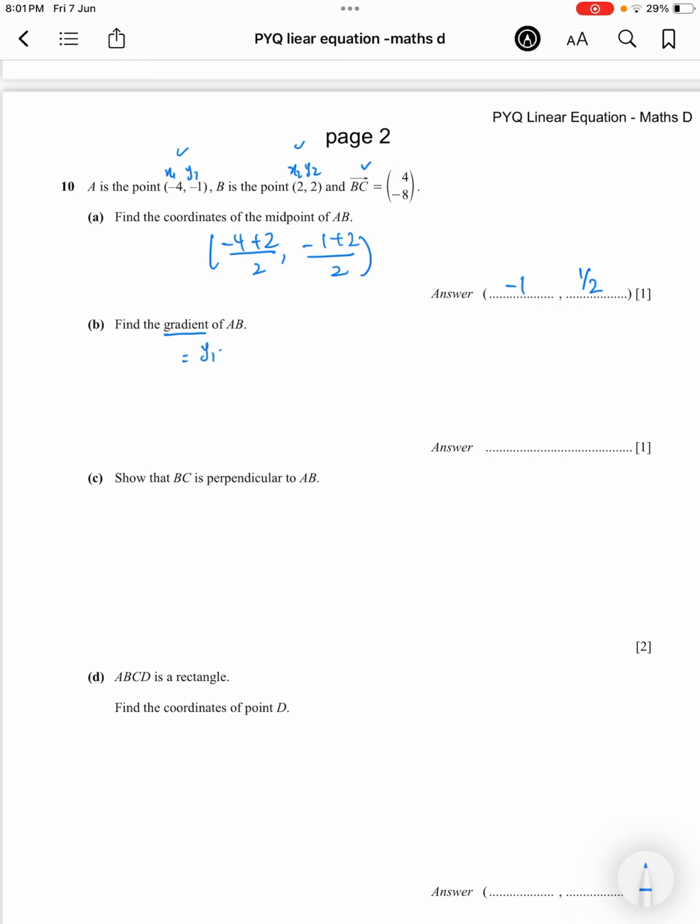What is the formula? y1 minus y2 over x1 minus x2. Substitute it: minus 1 minus 2, and then minus 4 minus 2. Simplify that one, you get minus 3 and then minus 6, which gives you half.